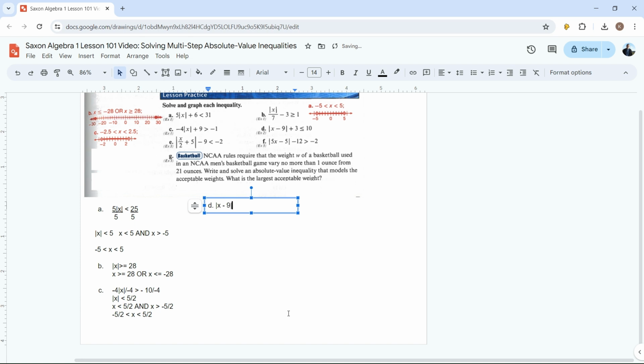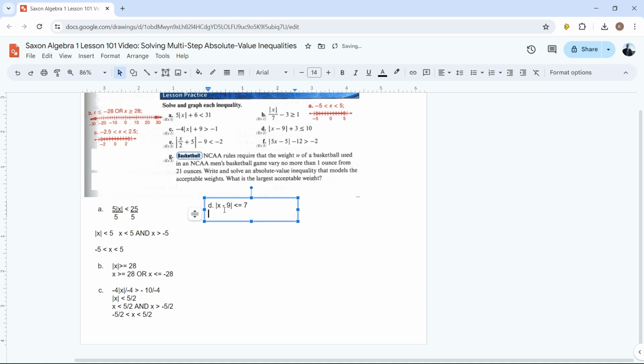Okay, so watch how this works. The absolute value of x minus 9, plus 3, is less than or equal to 10. First, I'm going to subtract 3 from both sides. When I subtract 3 from both sides, I get the absolute value of x minus 9 is less than or equal to 7. I can't go any further from here without evaluating the absolute value. I can't pull anything out of the absolute value sign until the absolute value sign is gone.